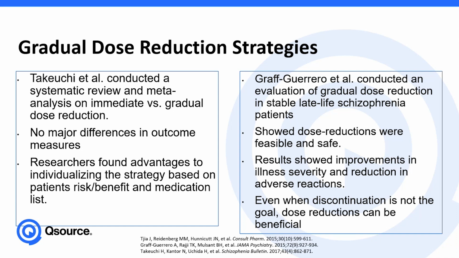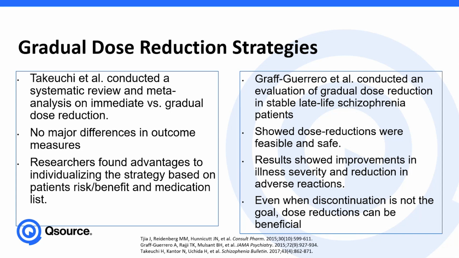Dose reductions are feasible and safe. This other study shows that, even in schizophrenia patients in late life, dose reductions were feasible and safe, and there were improvements in illness severity and reduction in adverse events, even when discontinuation is not the goal. So dose reductions can be beneficial to determine if the patient can be on a lower dose.